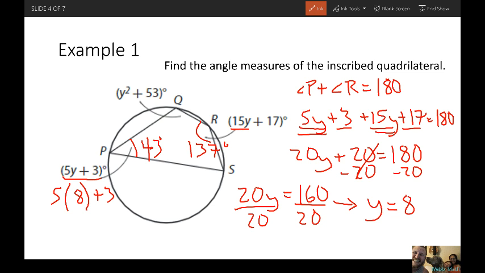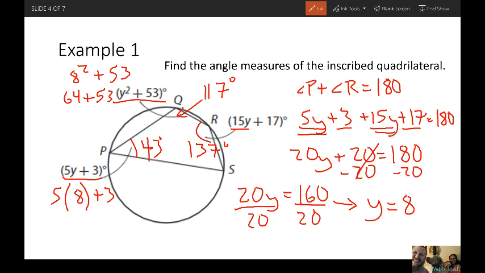All right, so let's substitute in to find Q. So y squared, so 8 squared plus 53. That's 64 plus 53, which gets you angle Q, which is going to give you 117 degrees.